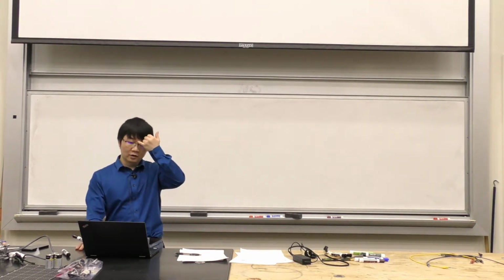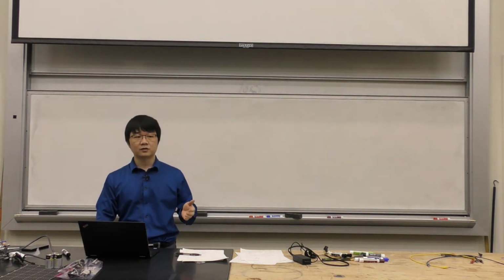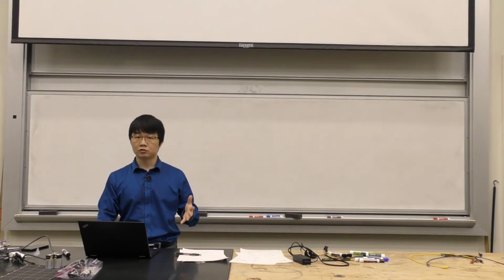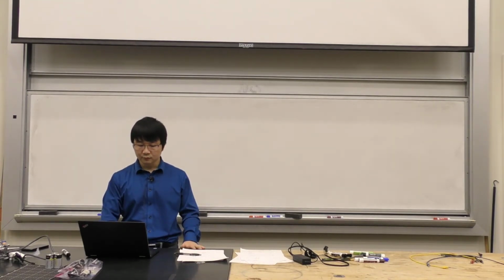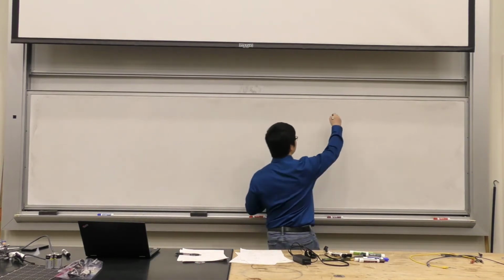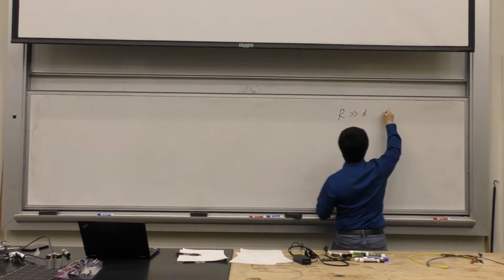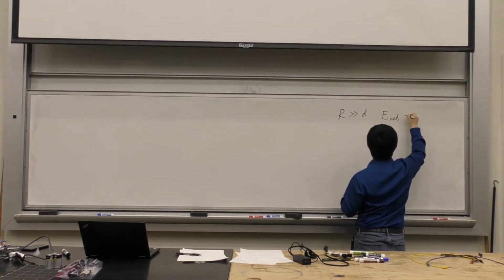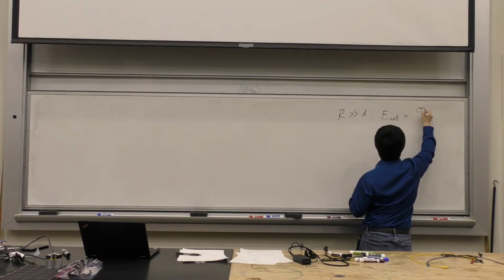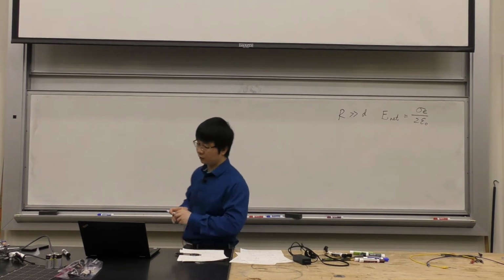But anyway, the conclusion we presented last time was that if the disk is very large, and r is much bigger than d, the net electric field is almost just sigma over 2 epsilon naught. Very simple conclusion.